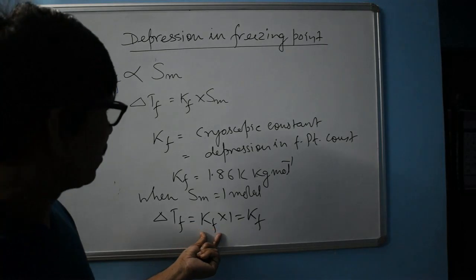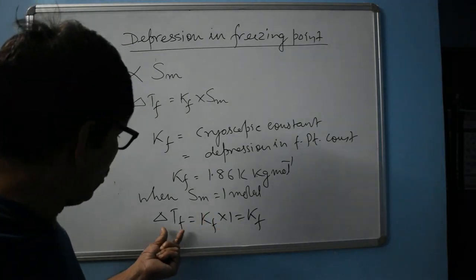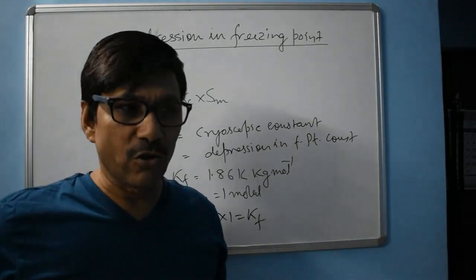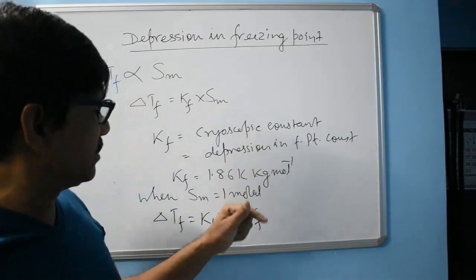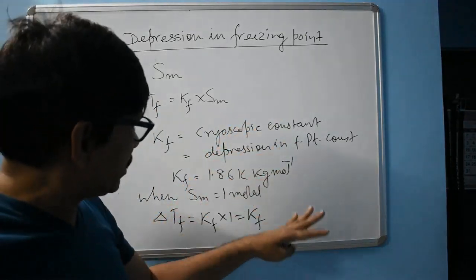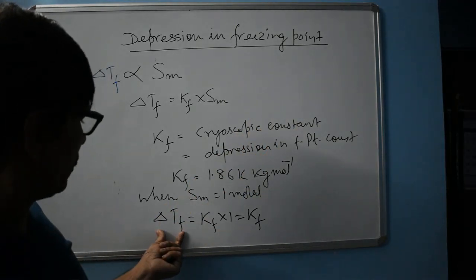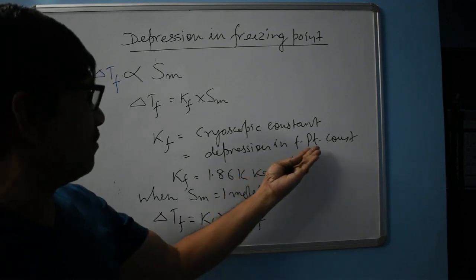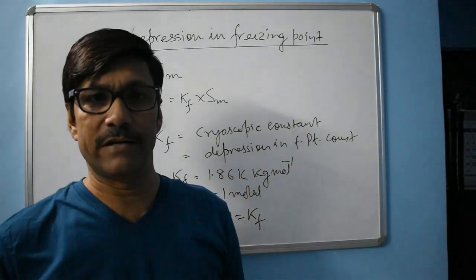So this cryoscopic constant is actually the depression in freezing point if the solution is unimolal. If 1 mole of solute is dissolved, whatever the depression in freezing point is, that is called cryoscopic constant or depression in freezing point constant.